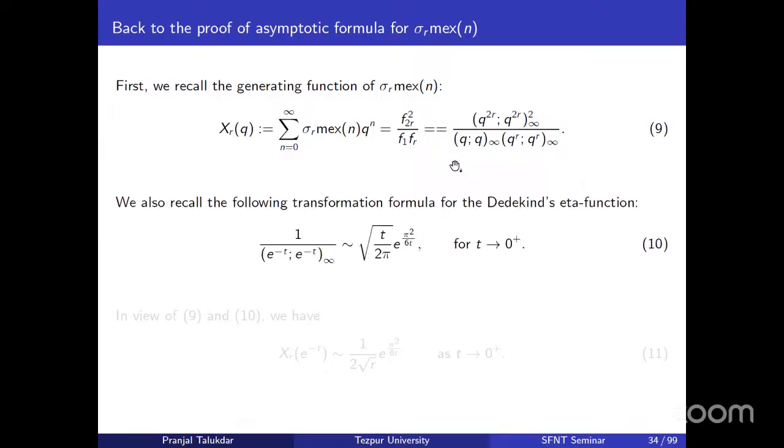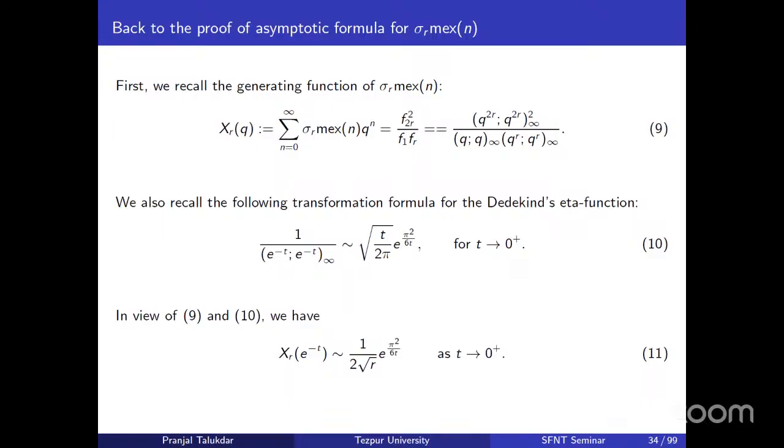We also recall this transformation formula for Dedekind's eta function. This states that 1 over e to the power minus t, e to the power minus t infinity, is asymptotic to this factor whenever t tends to the positive side of 0.